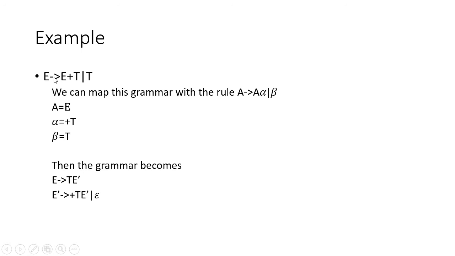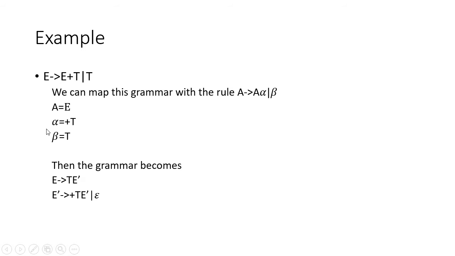Now to understand this, let's look at an example. Suppose we have a grammar E derives E plus T or T. Now we can map this with the rule A derives A alpha or beta, such that A is E, and alpha is plus T, because A derives A, and A and A is the same, and plus T is alpha. That's why I told you alpha can be a combination of terminal and non-terminal.